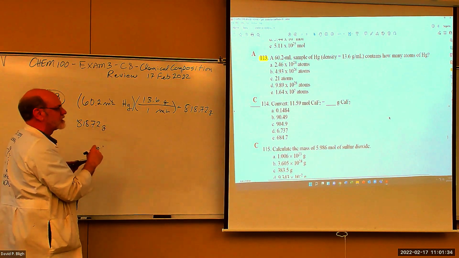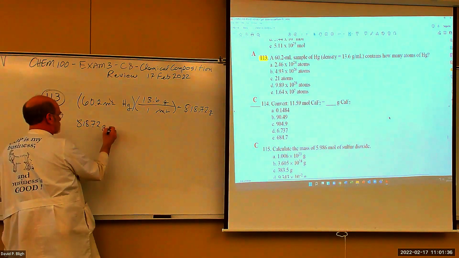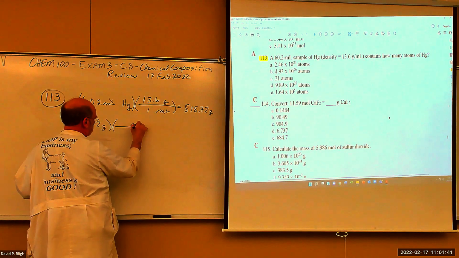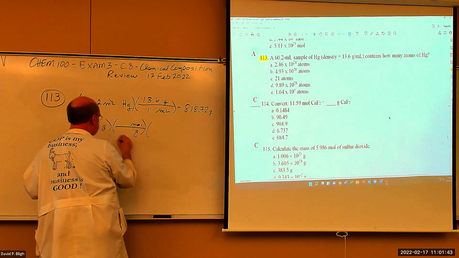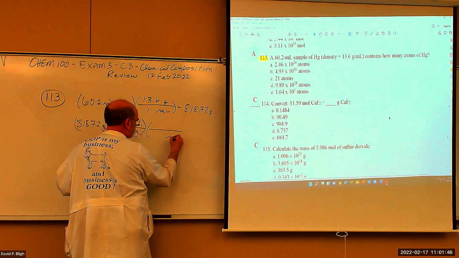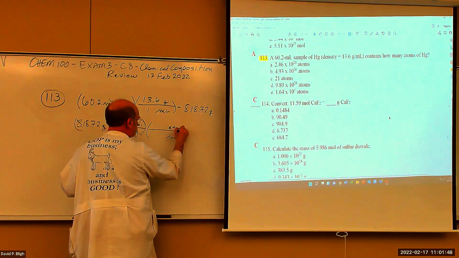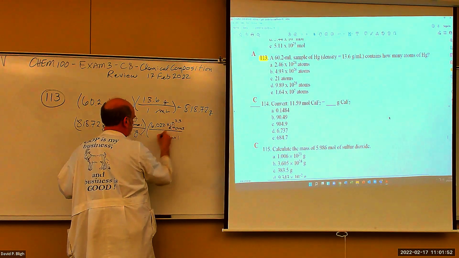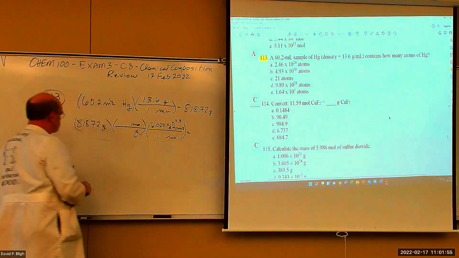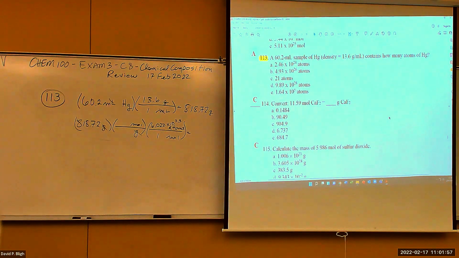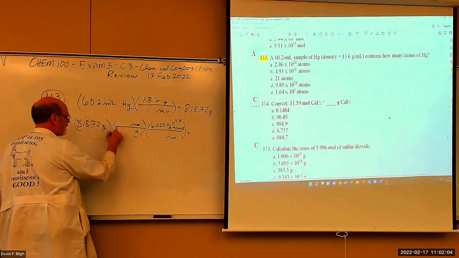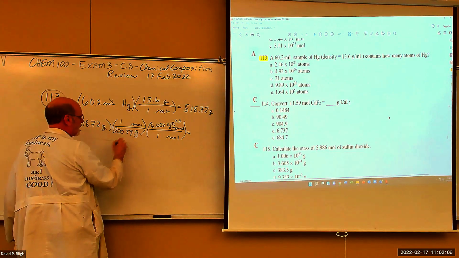Okay, now we can find out how many atoms. From grams, first we need moles, and then we need to convert moles to atoms. So what's the molar mass of mercury? Let's see, 200.59.